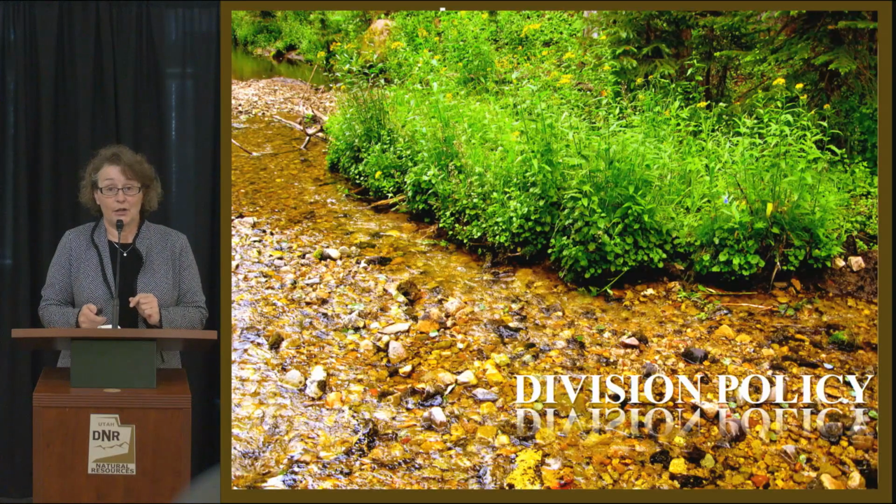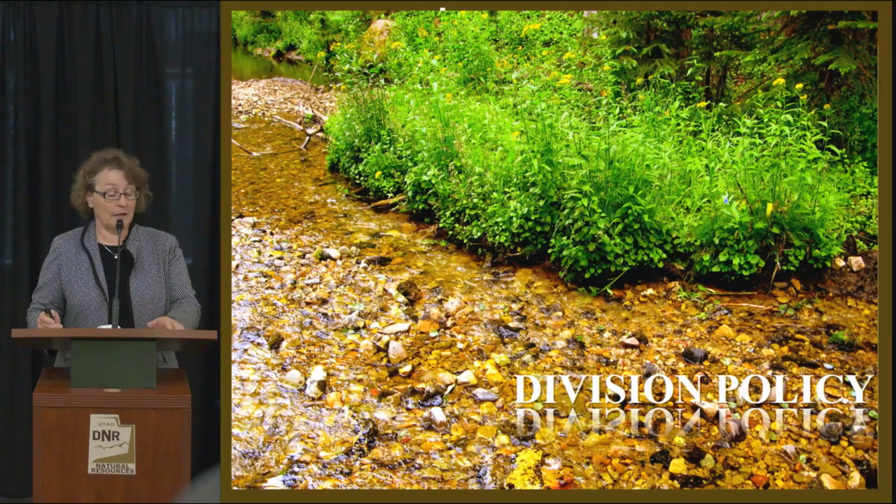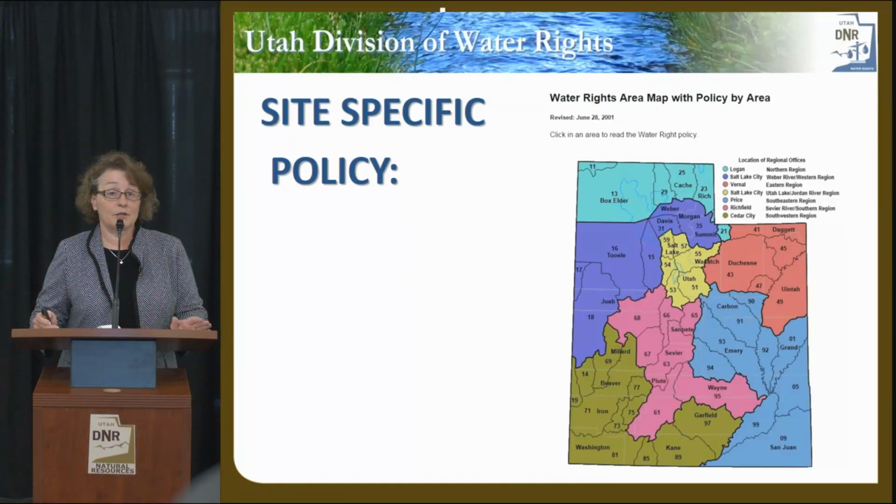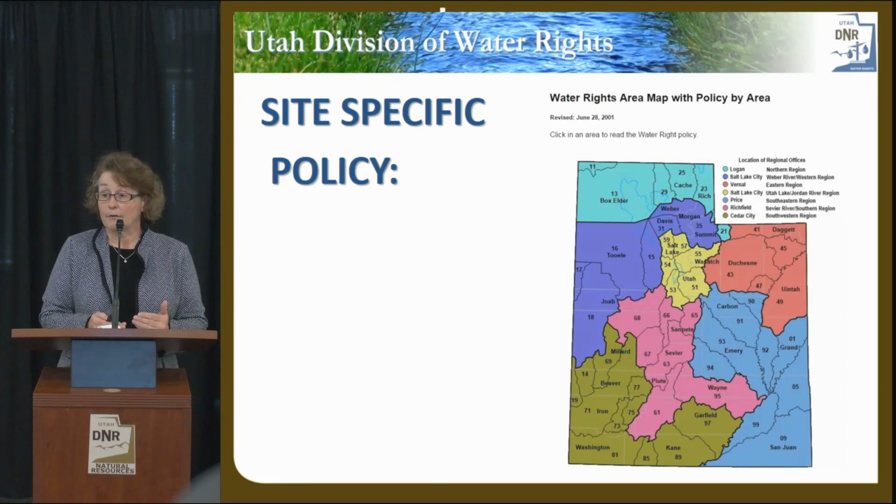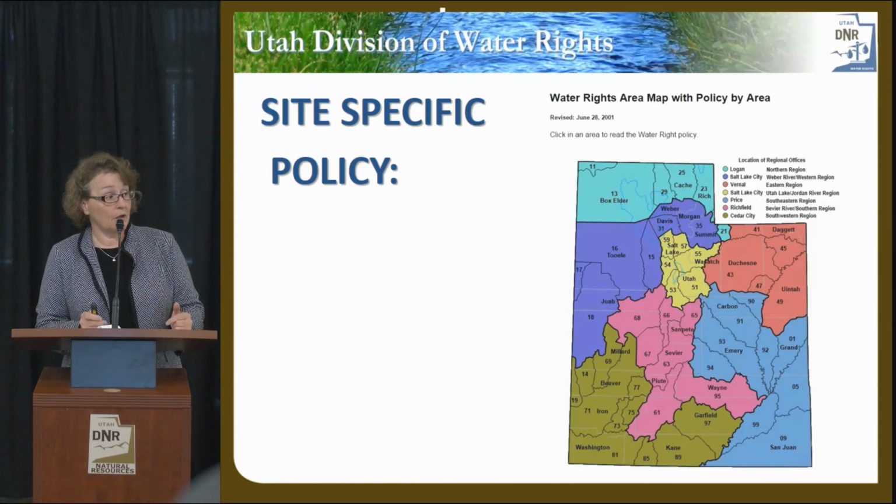So there's the criteria. Let me talk about another element that folks need to be aware of, and that's division policy. In all of the regional offices, I talked about groundwater management plans, and there are other site-specific policies for folks within an area to be aware of. This is just a map, again, showing the regional offices.